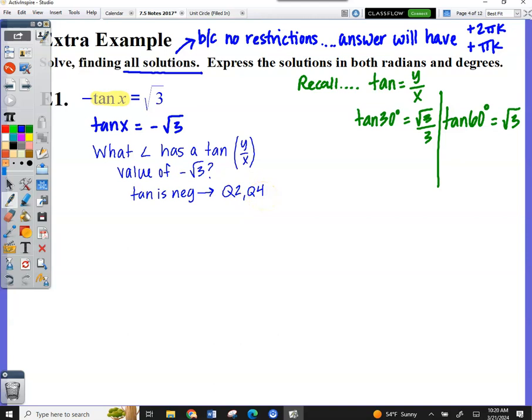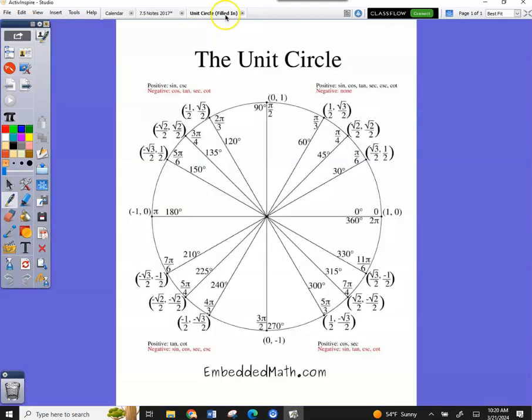We've already said that we're looking for the 60-degree reference angle. So now go to your unit circle and find the 60-degree reference angle in quadrants 2 and 4. By the way, they should be directly opposite of each other.